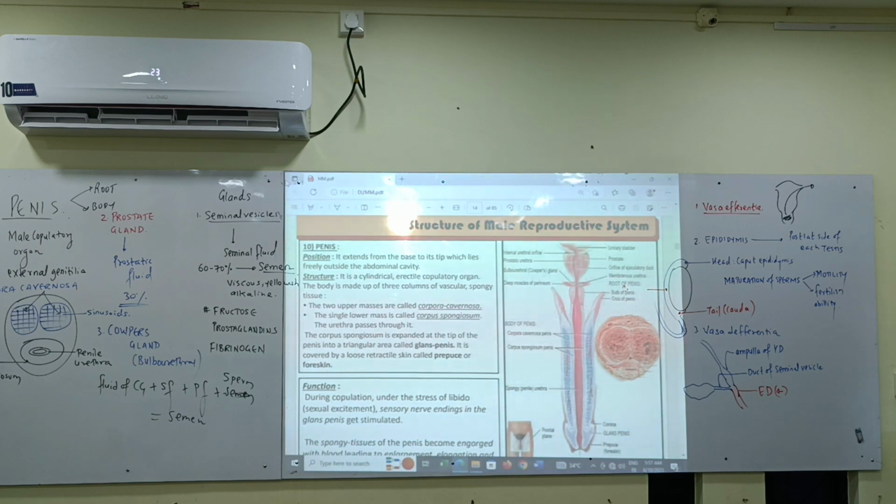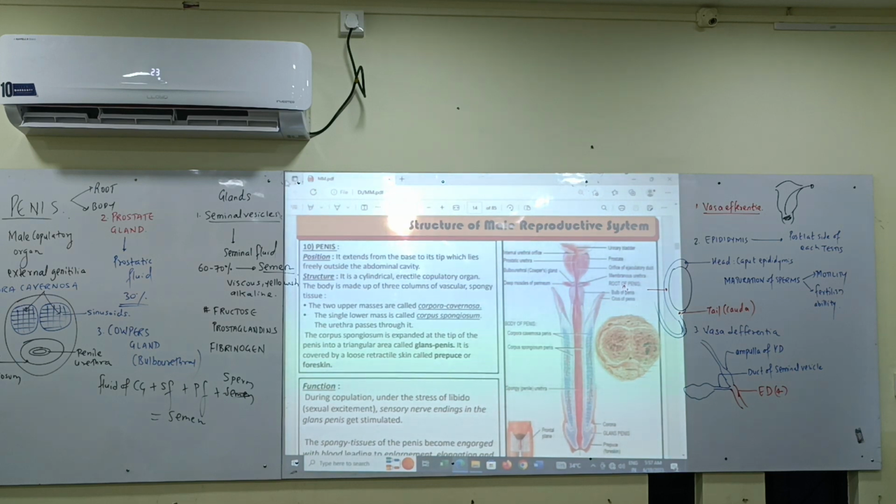Listen to this carefully. When the man is not sexually aroused, when he has no sexual feelings, at that time, the blood sinusoids are empty. As a result of which, normally, the penis is a flaccid organ, a soft organ.